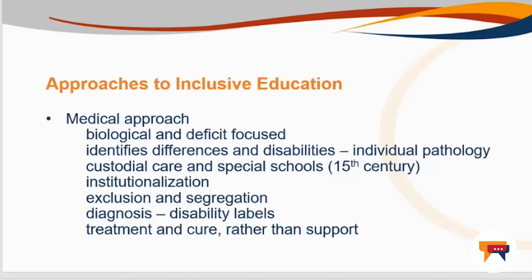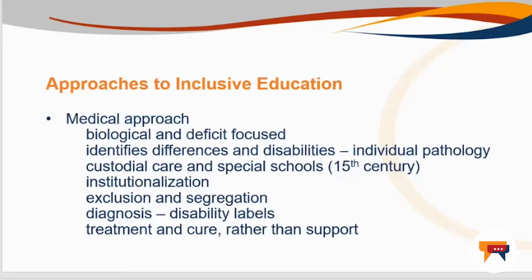And institutionalization is completely opposite to what we're promoting, because if you institutionalize an individual, it is almost like a form of imprisonment, separated and segregated from the rest of society, and certainly from their families and from their communities. And so this is the complete opposite of what we're promoting in our work now.